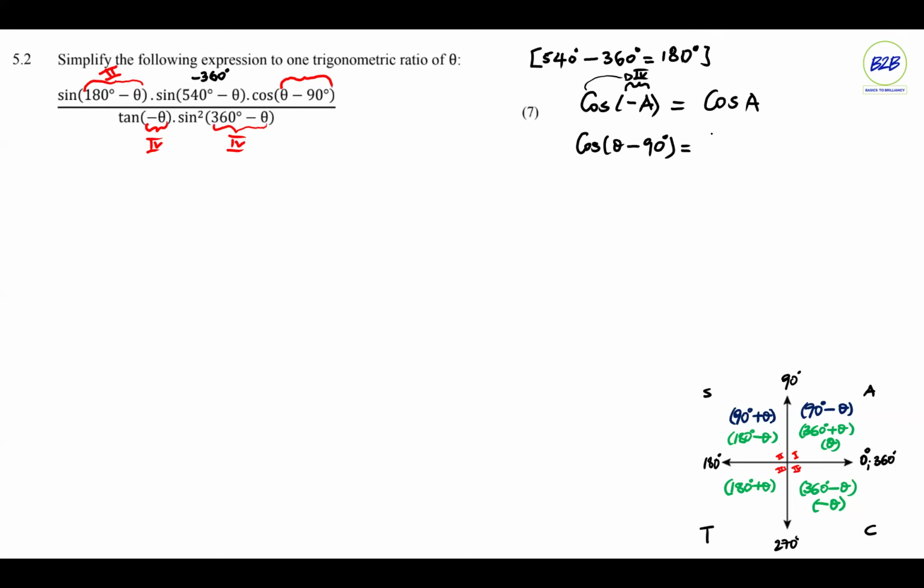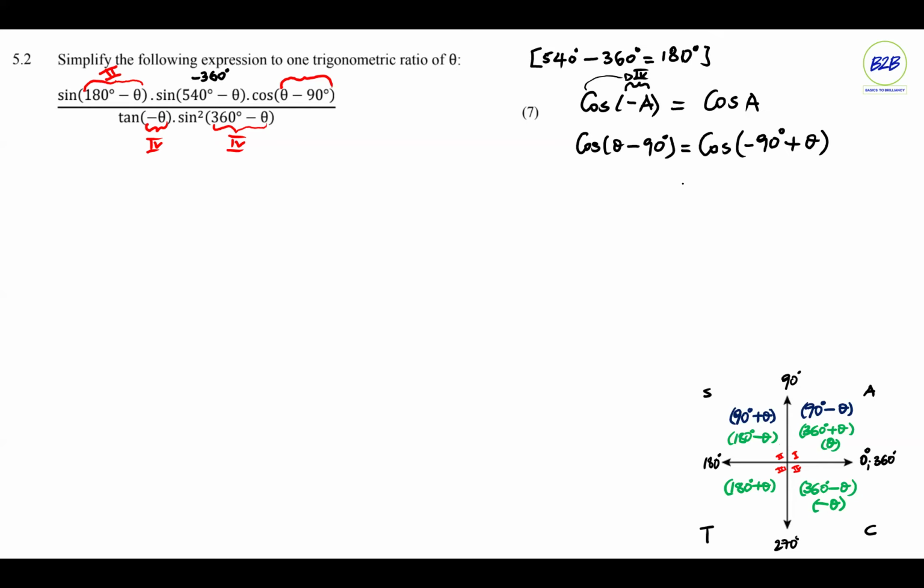We will then rearrange here. Let us begin with the numerical angle, which is the negative 90 degrees. We will begin with that one, followed by plus theta. So what we have done is just to rearrange. Begin with the negative 90 degrees and then end with the variable angle, which is theta.